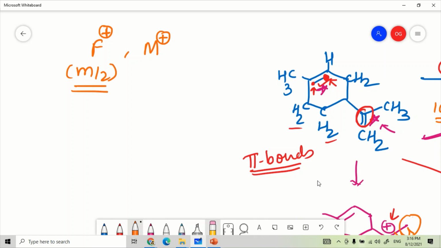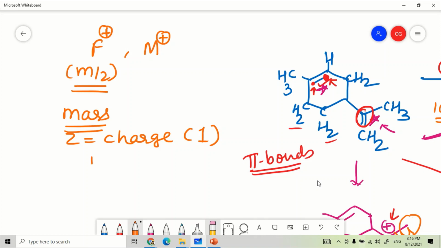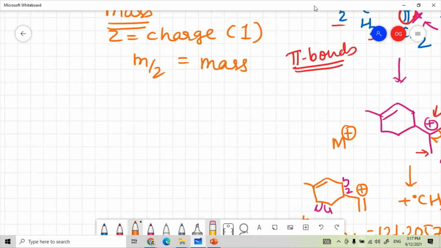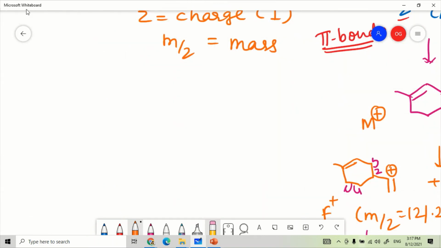This m by z value is nothing but the mass of that particular ion, because z stands for charge, which is always 1. So the peak will appear at the respective m by z value.